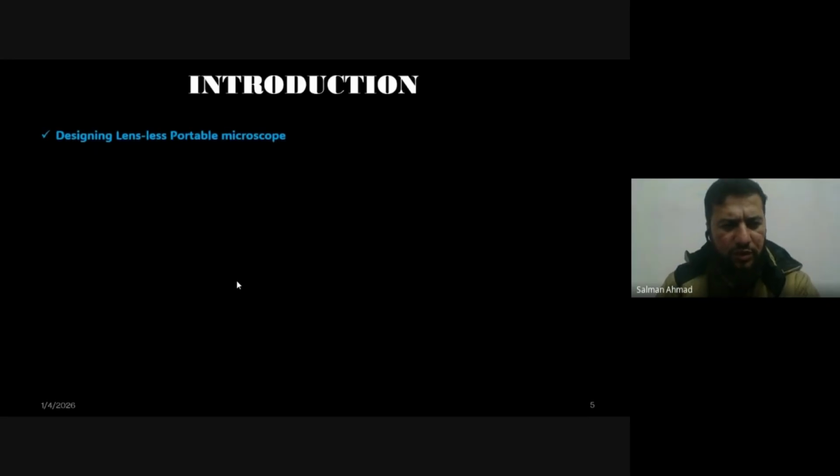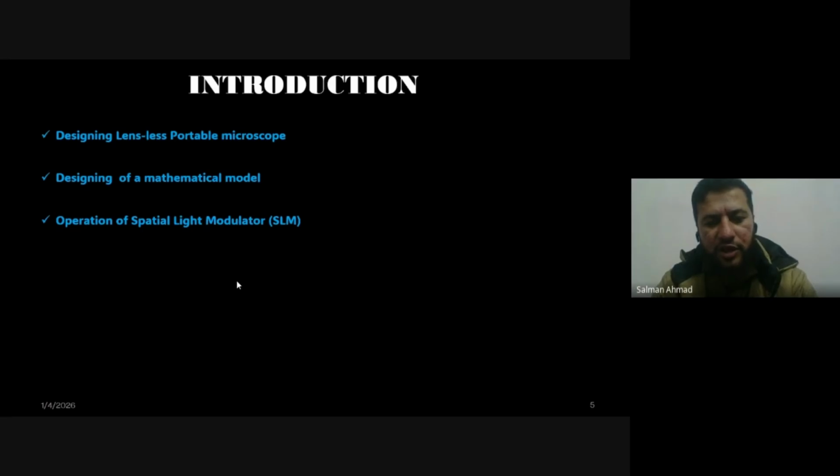So, in my work, we designed a portable microscope, which was a lensless microscope. For that, we designed mathematical models, and after that we fall the light on the spatial light modulator, in which we modulate the light, changing simple incoherent light into structured light.